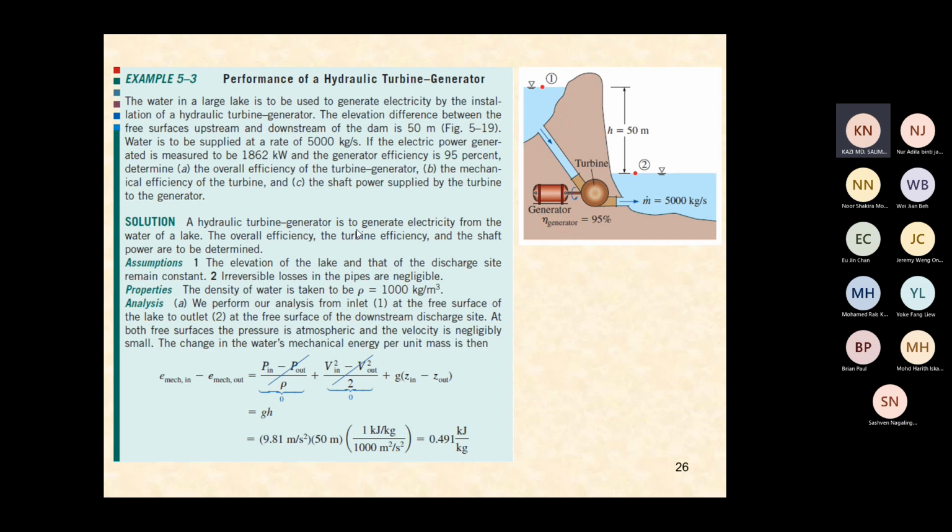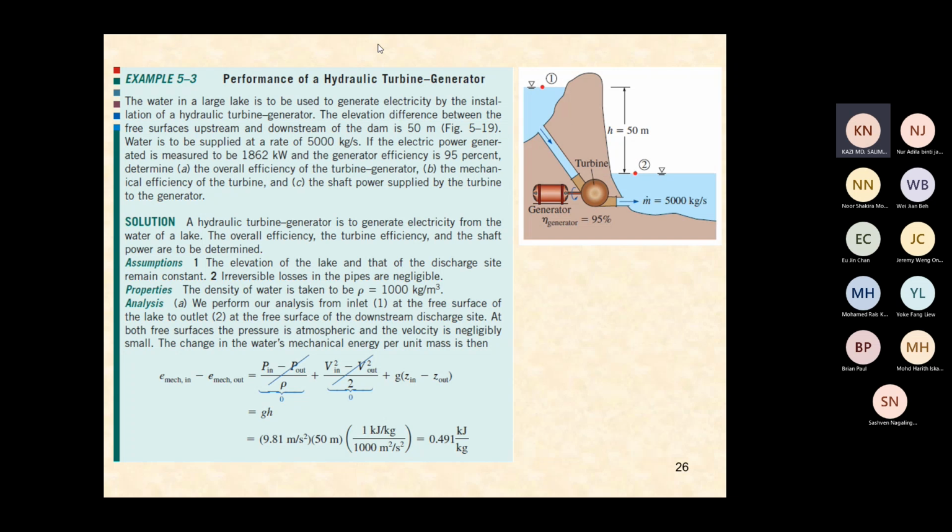And now here, performance of hydraulic turbine generators. This data says that the elevation difference between the free surface upstream and downstream of the dam is 50 meter there. See the head difference, the 50 meter. So h rho g is the amount of pressure available at this point, and you can see that much pressure and energy flowing through this.